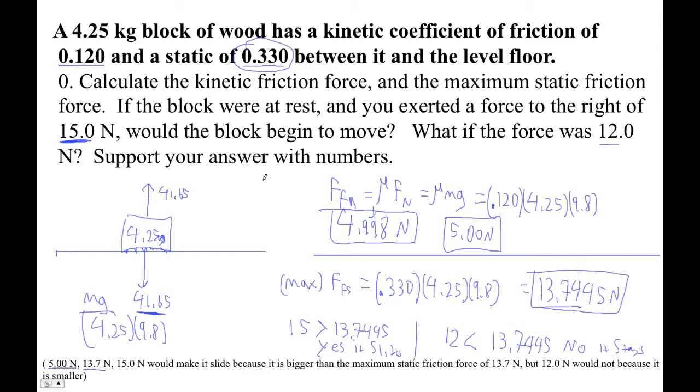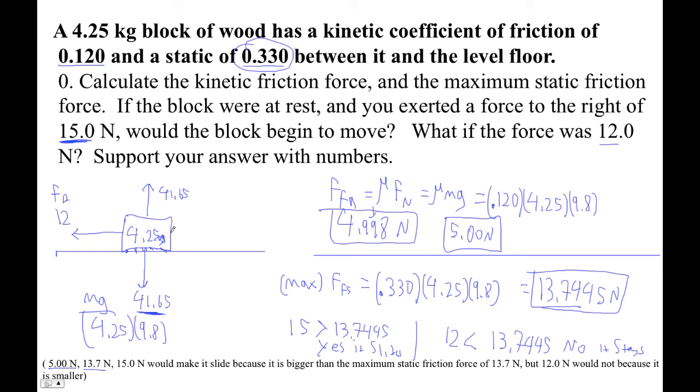Now, it's interesting because this is one of those questions that they would ask on the AP test and people would get it wrong. Let's suppose I exerted 12 newtons to the left. This is my applied force. They asked a bunch of AP kids, what's the static friction force to the right? And every AP kid said it was 13.7 to the right, because they had just calculated that number.